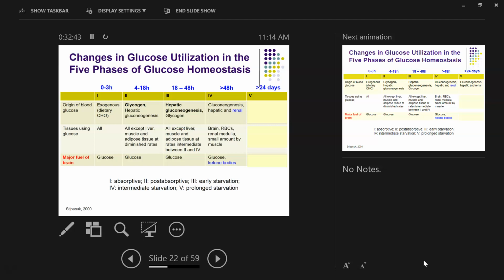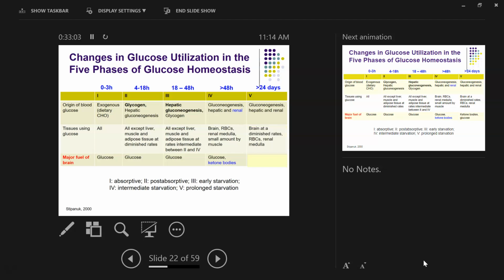Okay, so the last phase, phase 5, starvation for longer than 24 hours. Wow, it's a very long starvation. And still gluconeogenesis, right, is the only source of glucose in circulation.